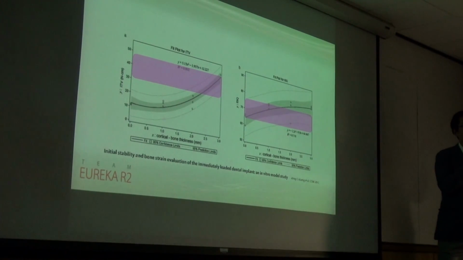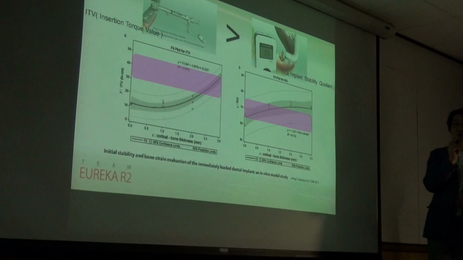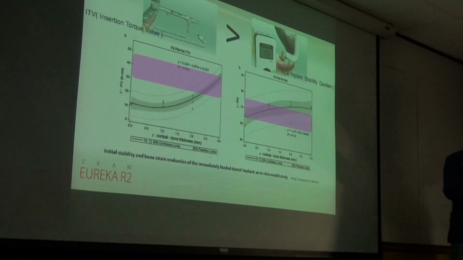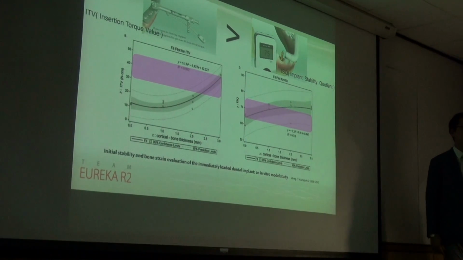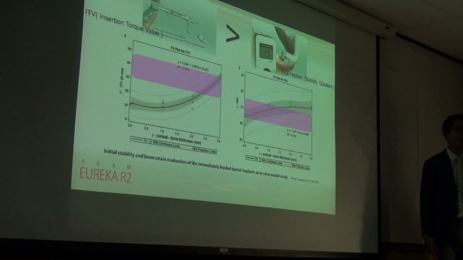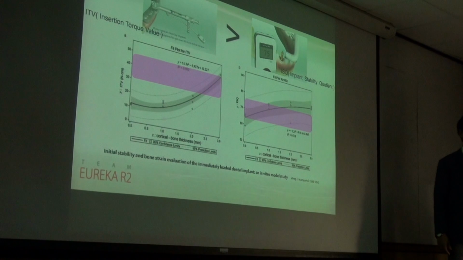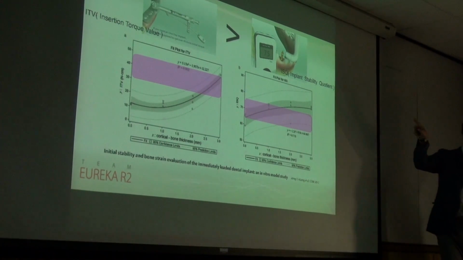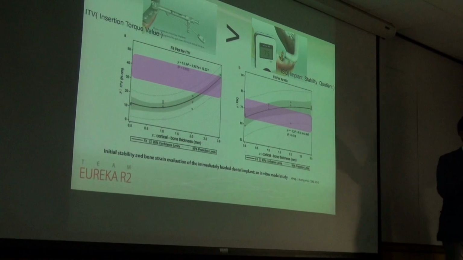Which one is more reliable? In my opinion, insertion torque value is more reliable. In hard bone, we can obtain a high insertion torque value, but in loose bone we cannot. So insertion torque value is more related to bone density.